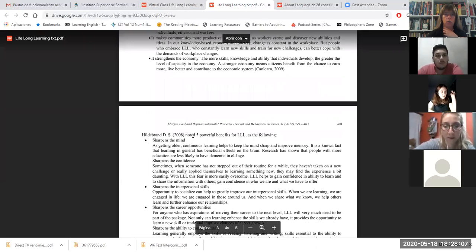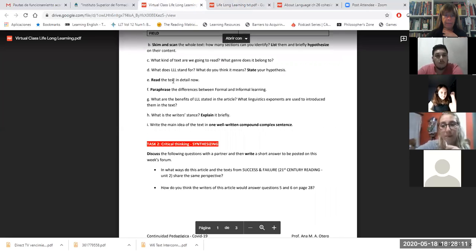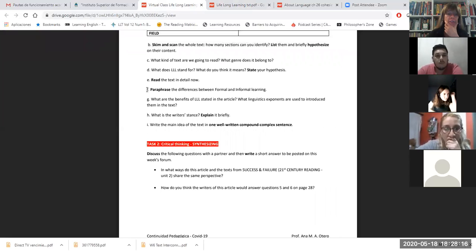Now in letter F, you have to paraphrase the differences between formal and informal learning. First of all, what does paraphrase mean? I guess that we covered that in our last meeting.